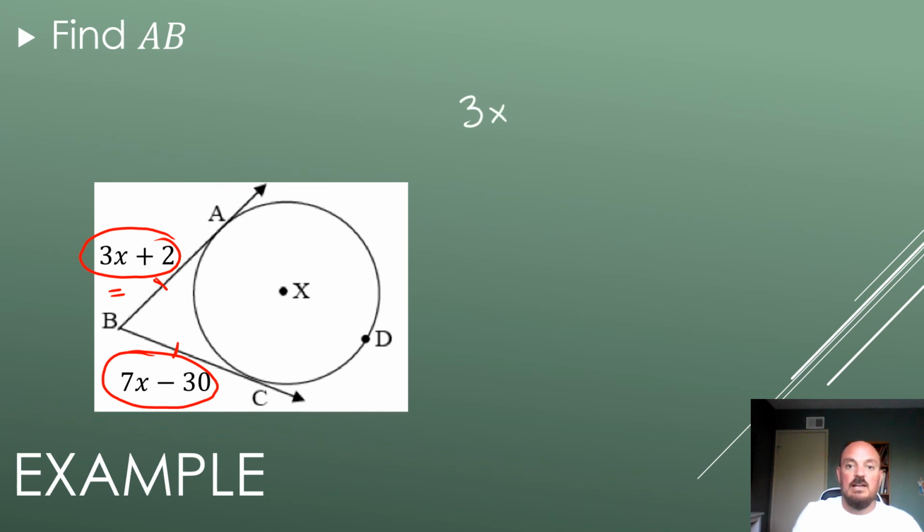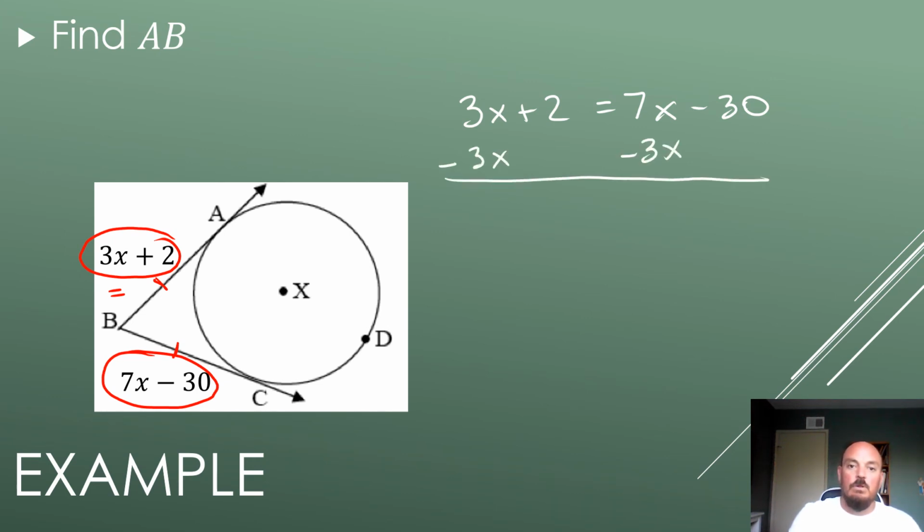We're going to solve 3x plus 2 equals 7x minus 30. I have x's on both sides, so let's get rid of the smaller one and do a minus 3x on both sides. That leaves just the positive 2. On the other side, 7x minus 3x is 4x, and we still have a minus 30.